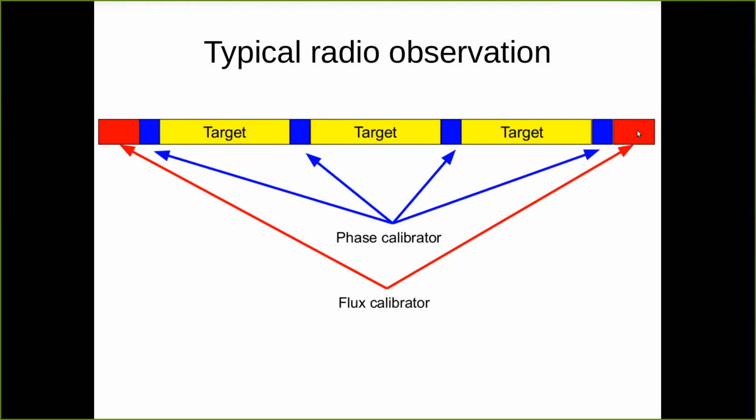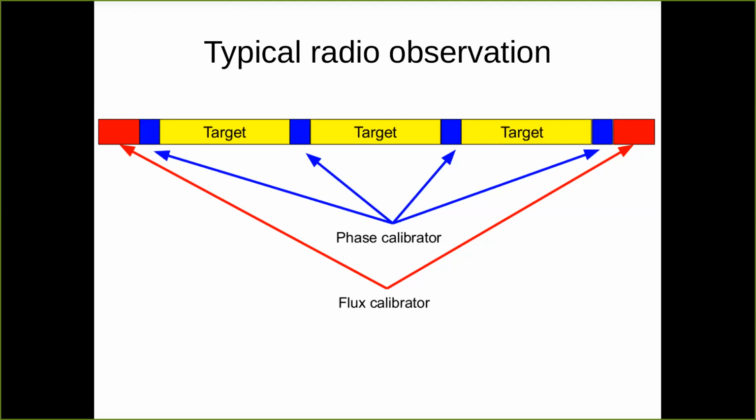So basically your flux calibrator is used to get the bandpass and set the absolute flux density scale. Ideally, if the instrument is sufficiently stable, you need just one such scan. But it is always good to have at least two such scans, because you definitely need this flux cal scan, and if something happens to it, then your observation will be in trouble.